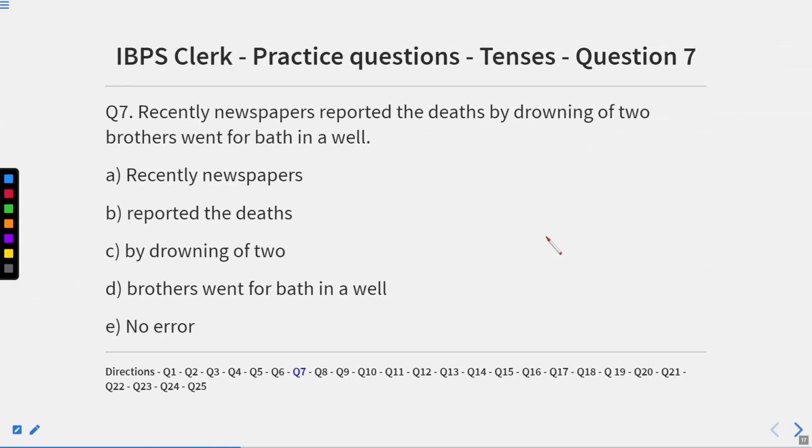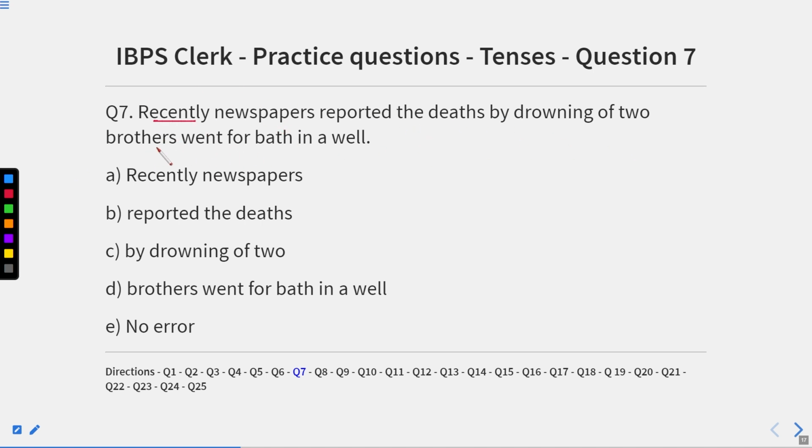Recently, newspapers reported the deaths by drowning of two brothers went for bath in a well. Now if you see the sentence carefully, we are talking about recently, that it happened recently.